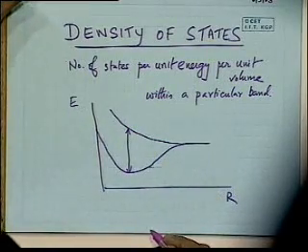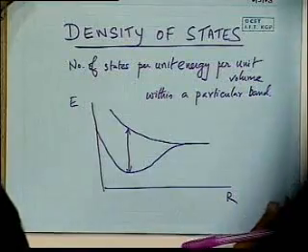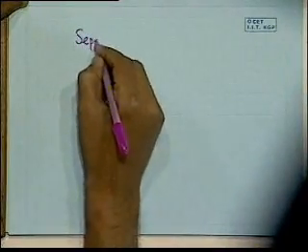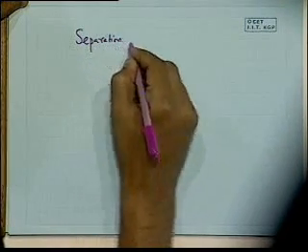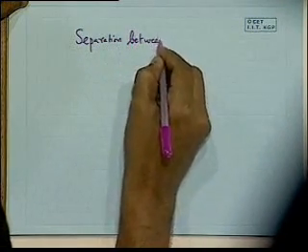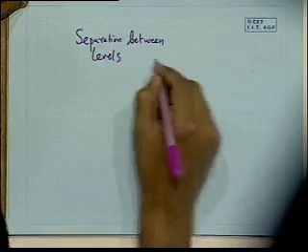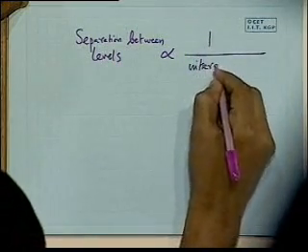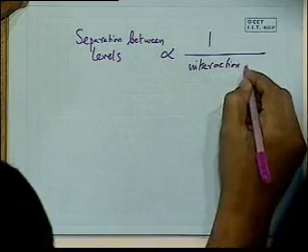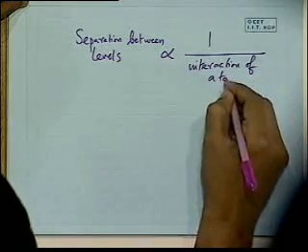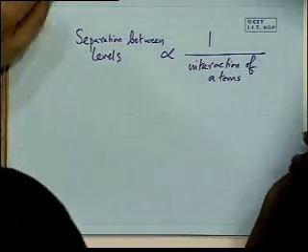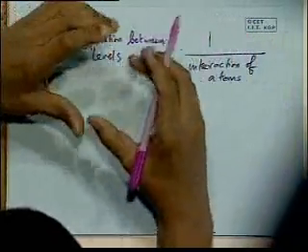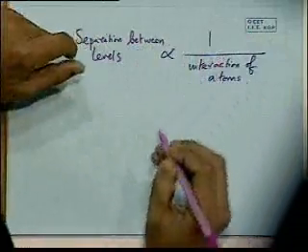So we may put it in other words as the separation between levels being sort of inversely proportional to the interaction of atoms, or how close they are, if you want. So the closer we bring them, the farther apart do these levels split.